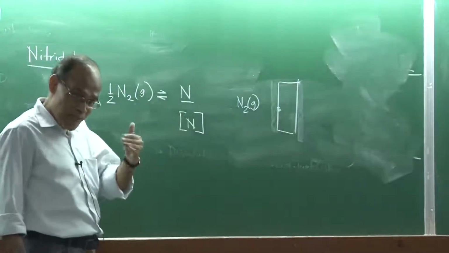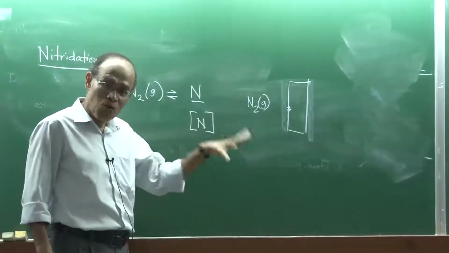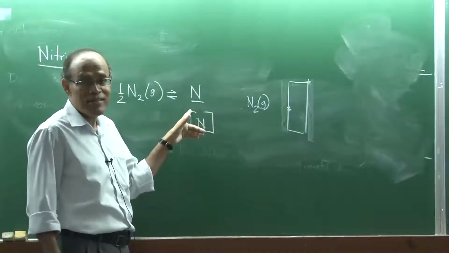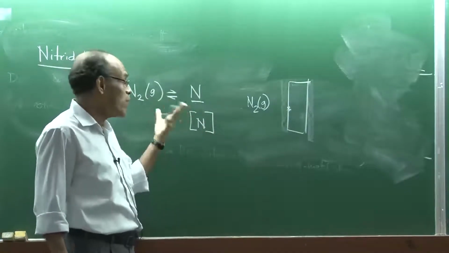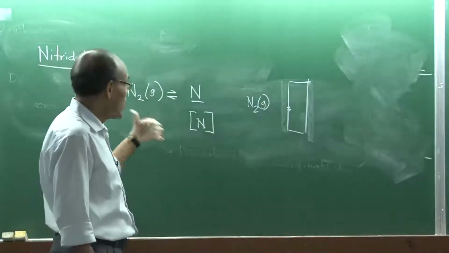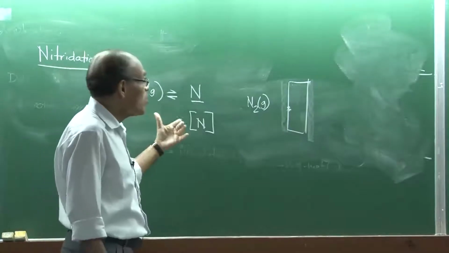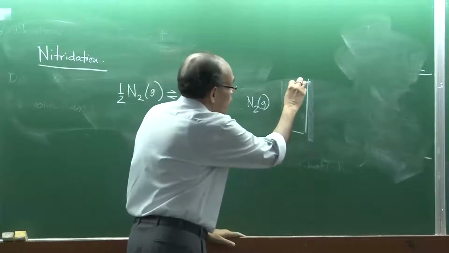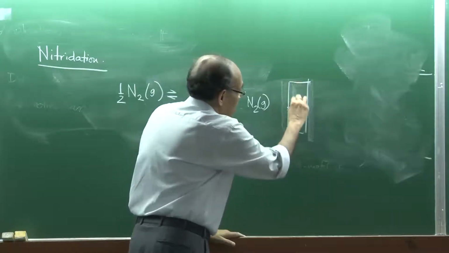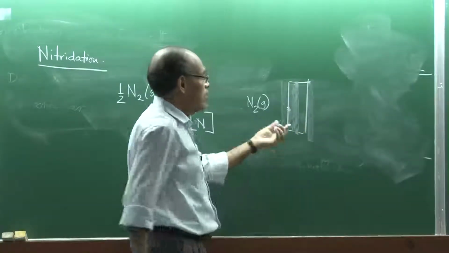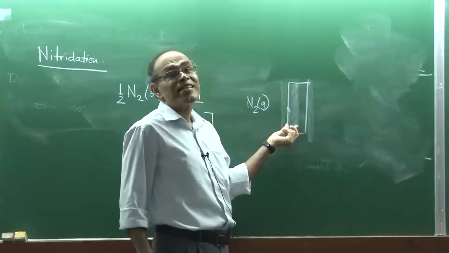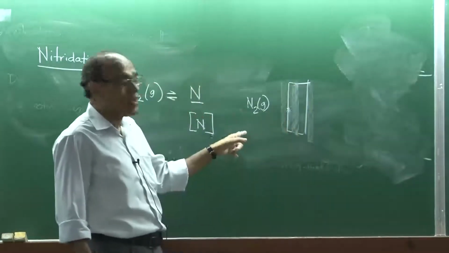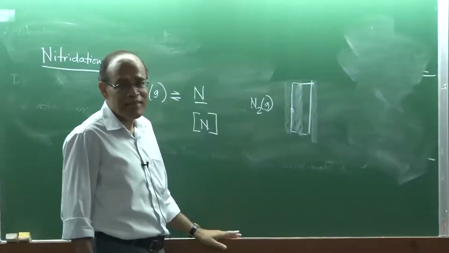And all these first three steps, the bulk transport, boundary layer transport and the chemical reactions, are assumed to be very fast, and hence we can say that the rate of growth of the nitride layer in this solid is controlled essentially by diffusion. It is not controlled by the bulk transport, it is not controlled by the boundary layer transport.